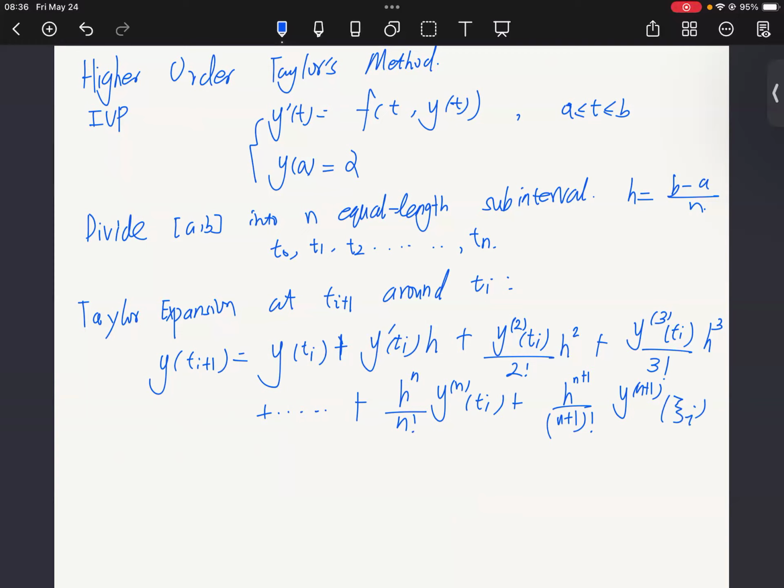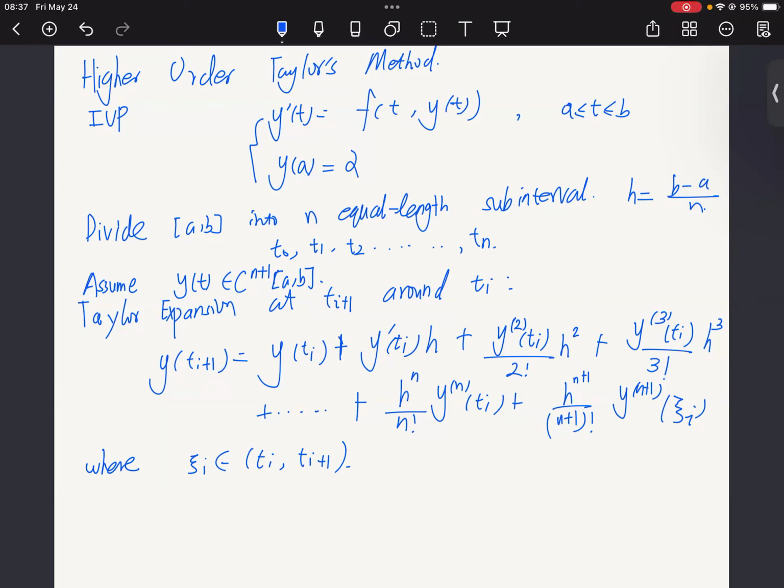As you can see, we use the (n+1)th derivative, so maybe we should add one assumption on y. There is an exact solution y, so we assume that y(t) is in the continuous space C^(n+1) on the interval [a, b]. This is also the assumption, and under that assumption we can do this Taylor expansion, and the c_i here is in between t_i and t_{i+1}.